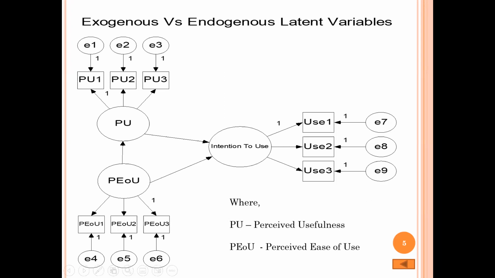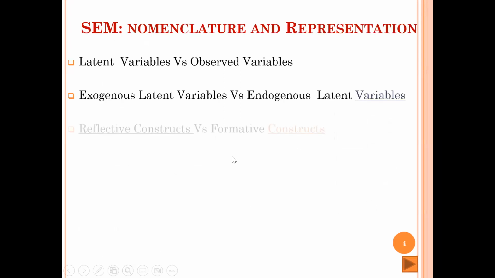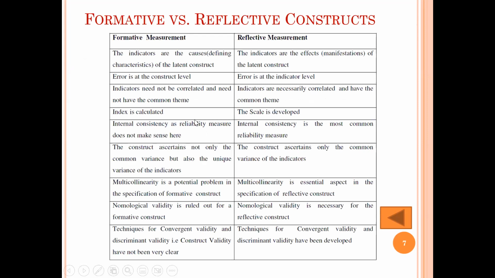Now coming back to the next set of concepts, there is something called reflective constructs and formative constructs. What is this reflective versus formative construct? When you use Amos for SEM, Amos talks of only reflective measurement.